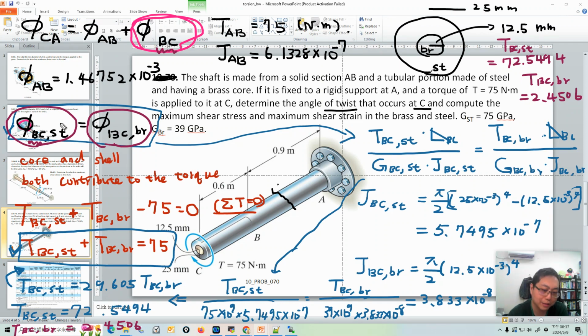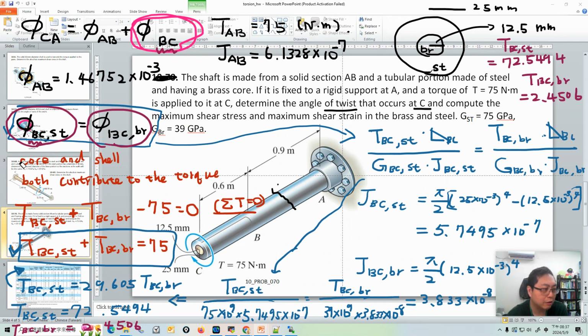No matter which you use, you will get the same answer, the same φ_BC. So I choose φ_BC,ST. I use this calculated value to calculate φ_BC,ST. So what is φ_BC,ST?